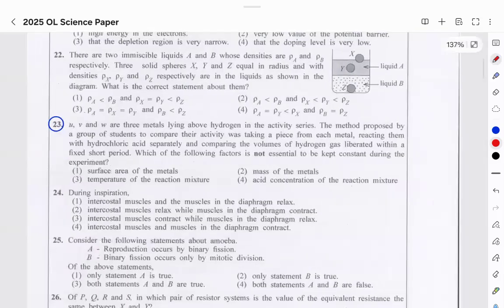U, V, and W are 3 metals lying above hydrogen in the activity series.